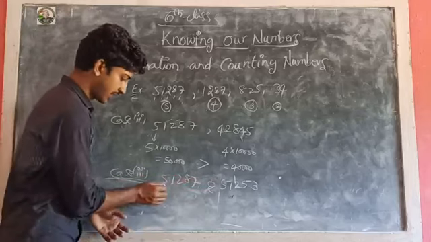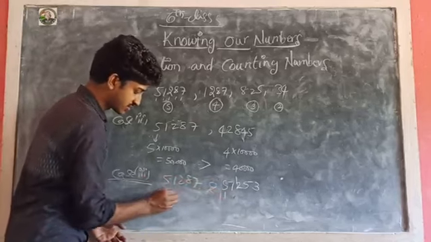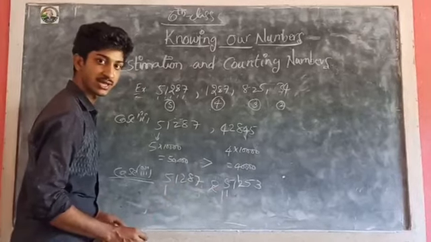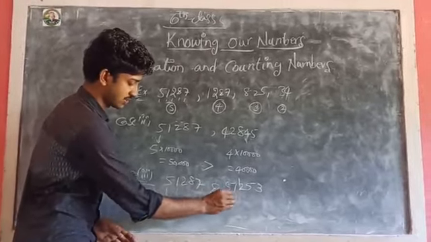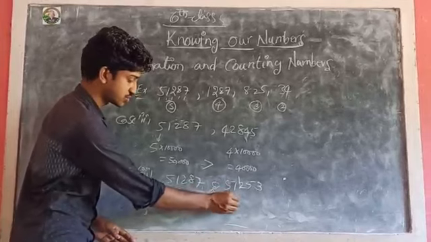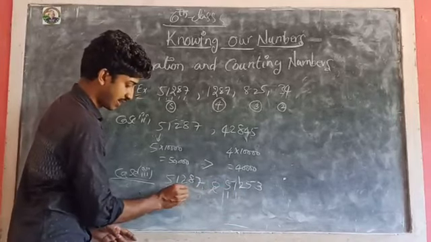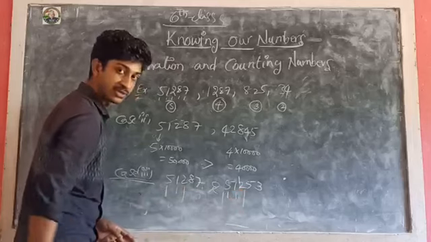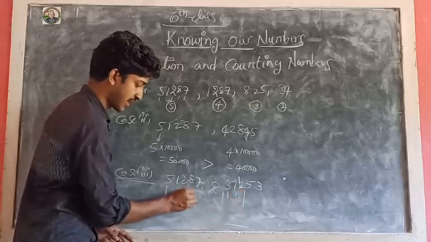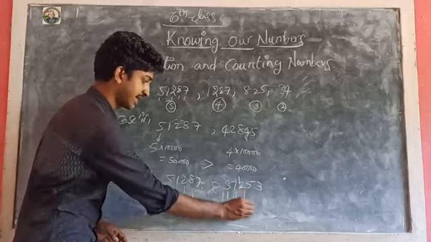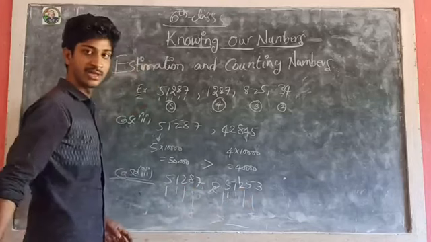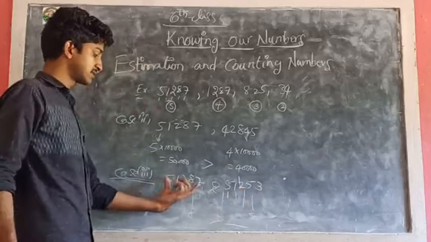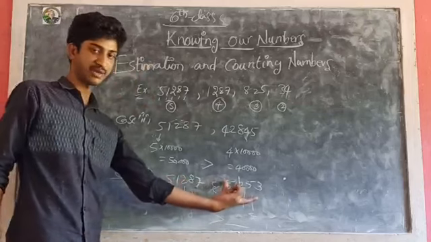Here we first compare these two digits. These two digits are equal. Now coming to the next digit, here 1 and here 1, so these two digits are equal. And here 2, here 2, these two digits are also equal. And here 8, here 5. So 8 is greater than 5. Then this number is greater than this number.